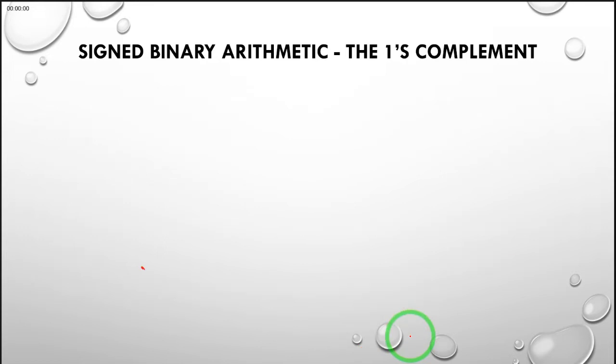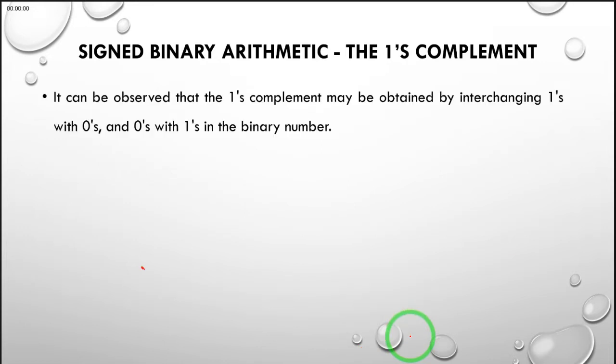So it can be observed that the 1's complement may be obtained by interchanging zeros and ones. In the example we have just done, we converted 5 in binary to its 1's complement by subtracting from 111, and we found the answer to be 010.